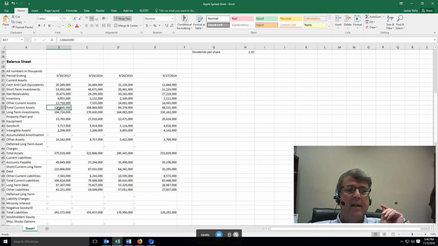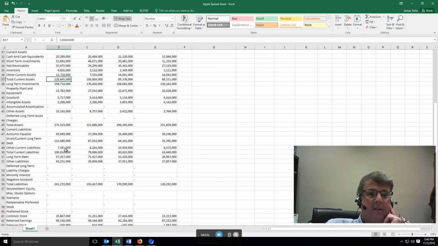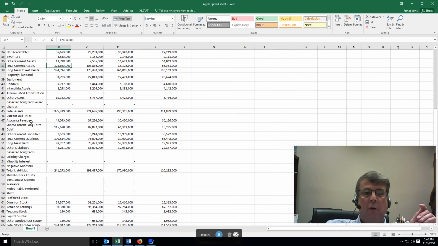You take that number and you divide it by their current liabilities. Liabilities are things that you owe to other people. So if you look here, current liabilities. We've got accounts payable. Those are usually accounts that you have to pay in less than a year, usually to your suppliers.